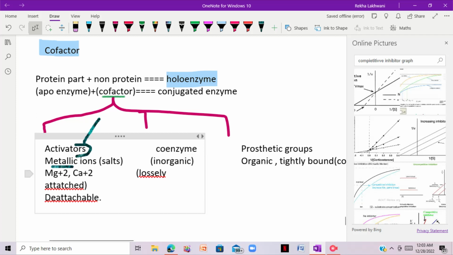Okay, these are basically loosely attached.